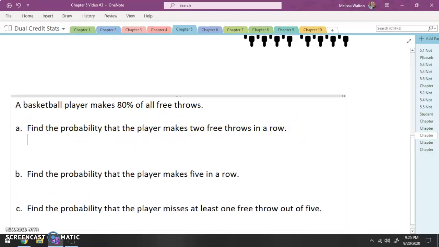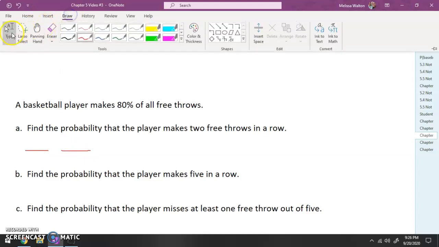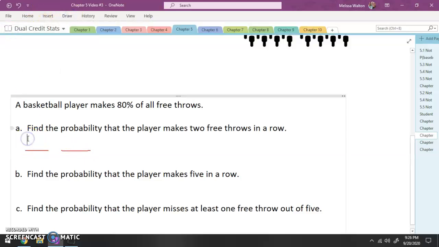All right, so looking at this, first off, we have two separate events. We have the first free throw and we have the second free throw. We need the basketball player, he or she, sorry, I don't mean to assume gender here, to make both of them.